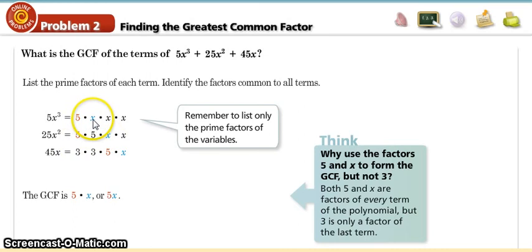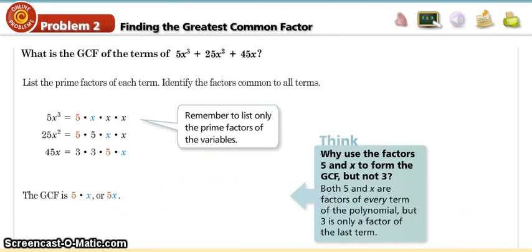So they only have 1 x in common. That leaves this one with 2 x's left over, and this one with 1 x left over. So their greatest common factor is 5x. 5 was the largest factor for my coefficients, and x is the only variable that they have in common.